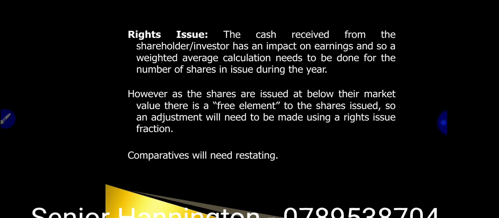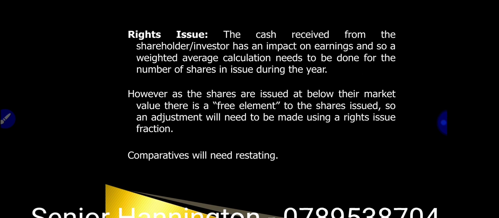Calculating EPS is more demanding here because you need to come up with the theoretical ex-rights price first, and then you need to restate the EPS of the previous period and adjust both earnings and number of shares in the current EPS.